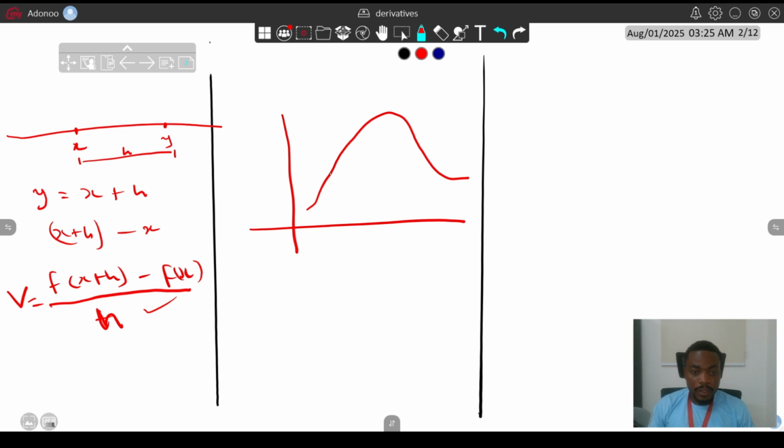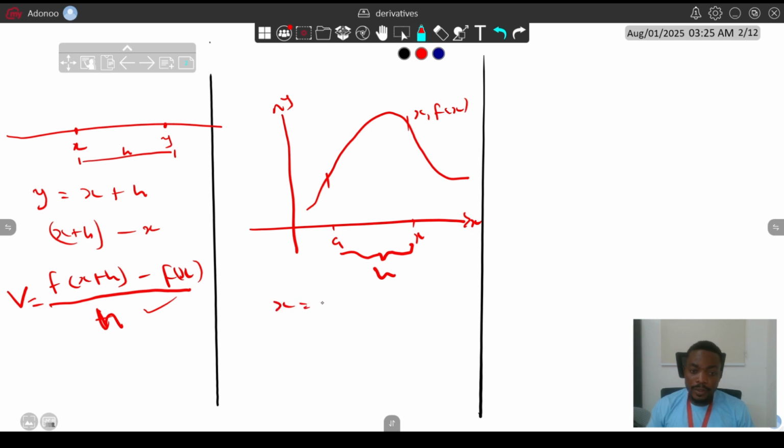So if this is a in the previous example, and this is x and f of x, then the distance right here is h.